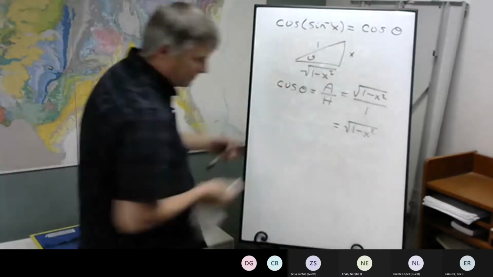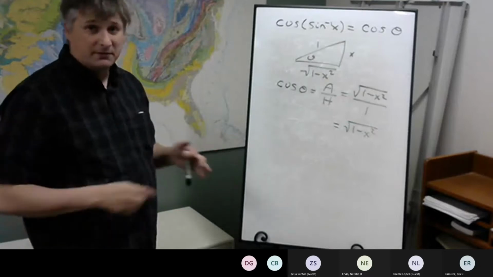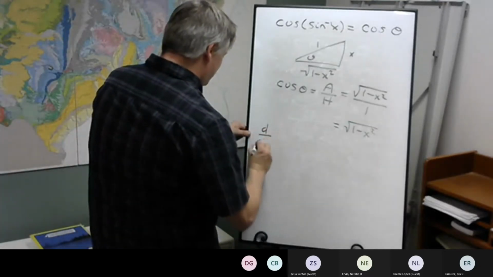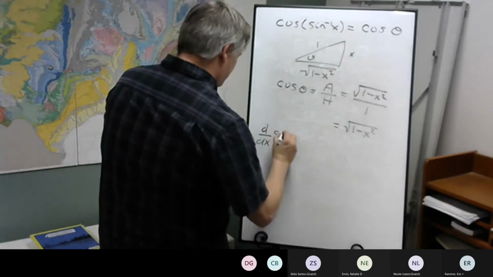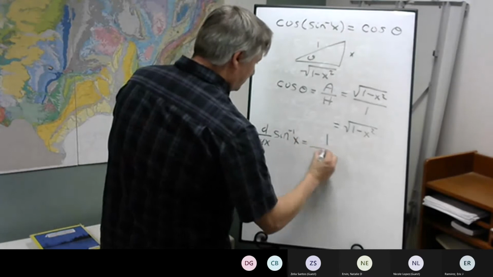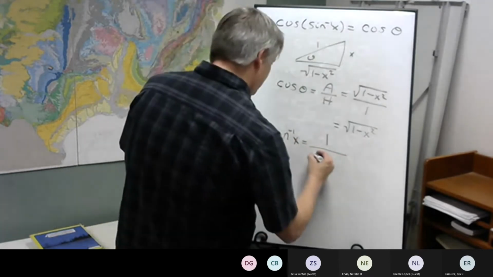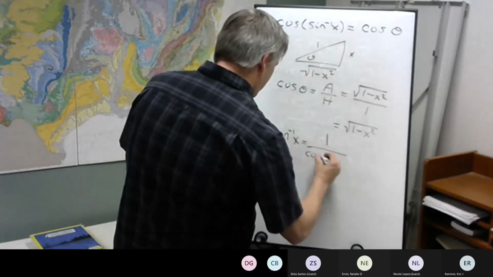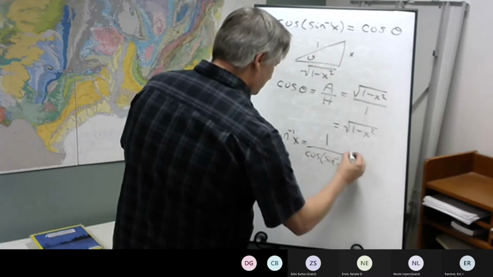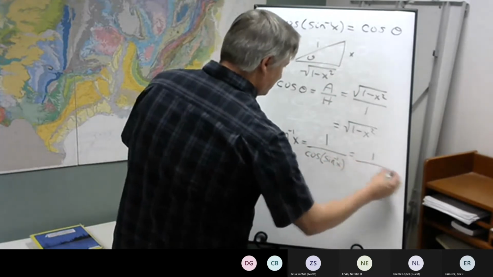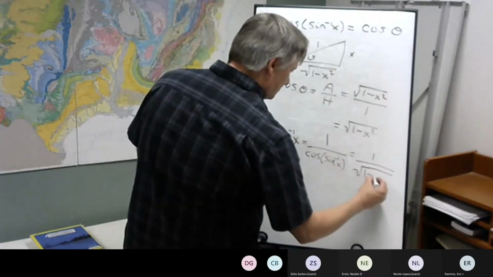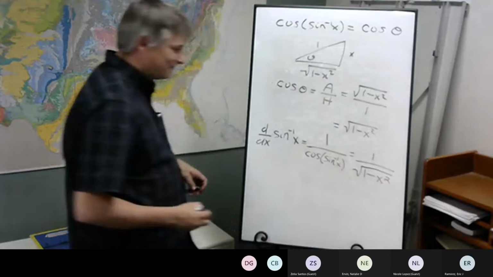So going back to our derivative now, the derivative of sine inverse of x was 1 over cosine of sine inverse of x, or 1 over this, square root of 1 minus x squared.